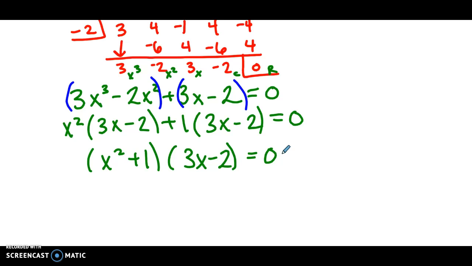Okay, so at this point, let's start listing our zeros. From synthetic division, we know one of our zeros is x equals -2. From this factor here, we have x equals 2/3.